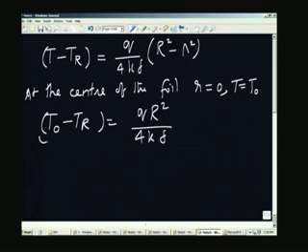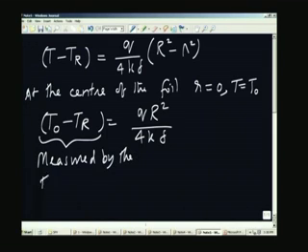And what is this? This is nothing but measured by the two junctions. Whatever output we mentioned when we were discussing the gauge is actually this temperature difference.